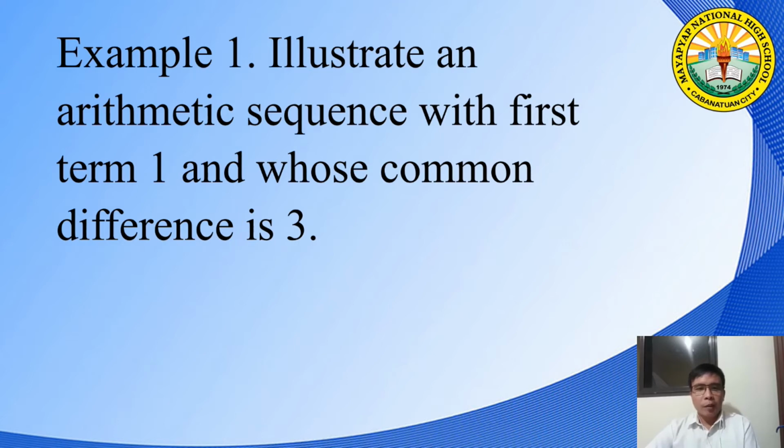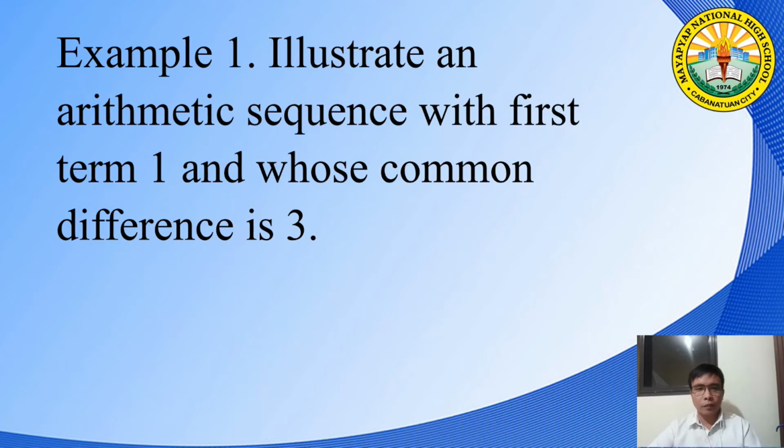To answer the problem, write the first number stated followed by the numbers obtained by continuously adding a 3 as its common difference. Do you already have the answer on your mind? Let us see if your thinking is correct.